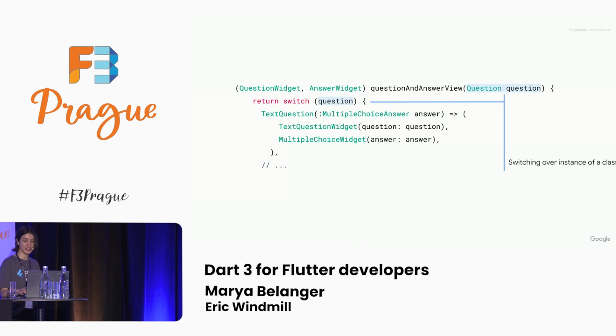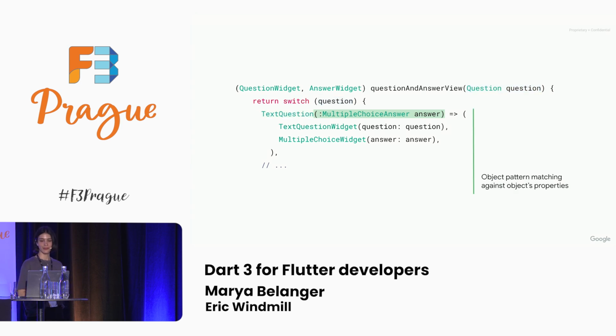And so what we're using is object patterns. Object patterns match against instances of classes to see what type they are. And then they can also recursively match against any properties of that type. So here we're checking if this property has this type. And then you can use that destructured value in your case body again.